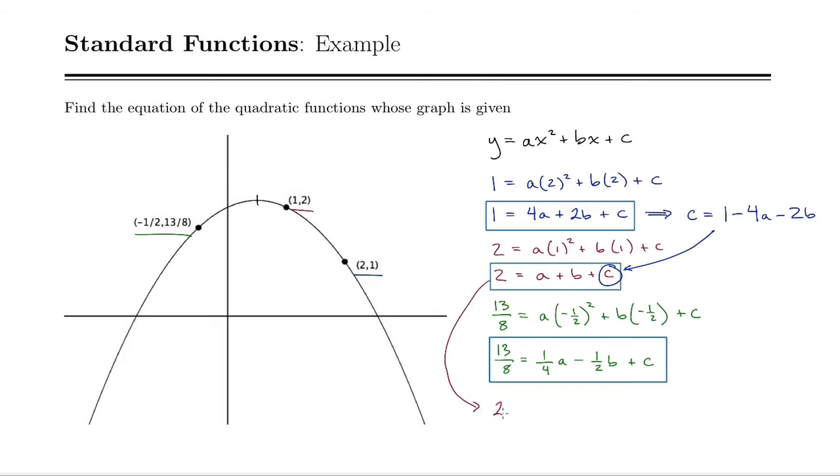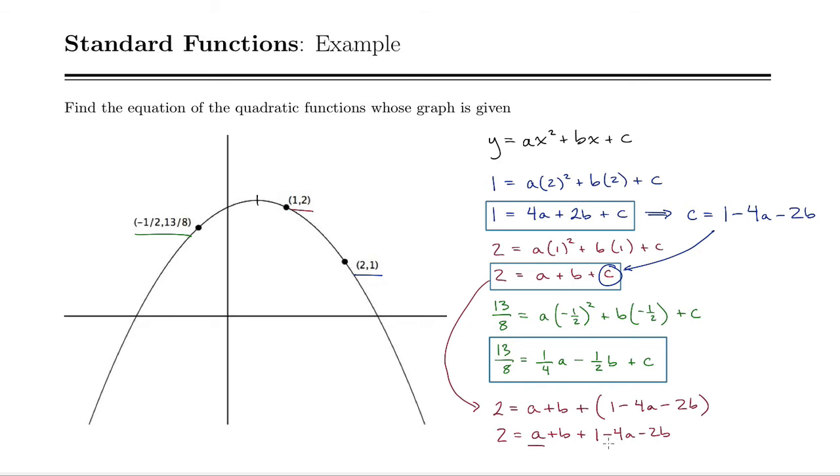So I've got 2 equals a plus b plus, and then c, which is 1 minus 4a minus 2b. And I can simplify this. This is 2 equals a plus b plus 1 minus 4a minus 2b.